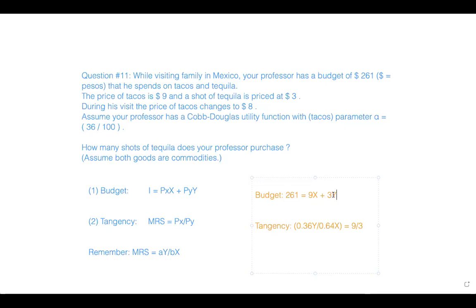I mean, there's nothing wrong with that, but it's not in a handy form for you to be able to begin solving. And likewise, the tangency is not in a form that we would readily work with, in order to use it to solve these types of problems.